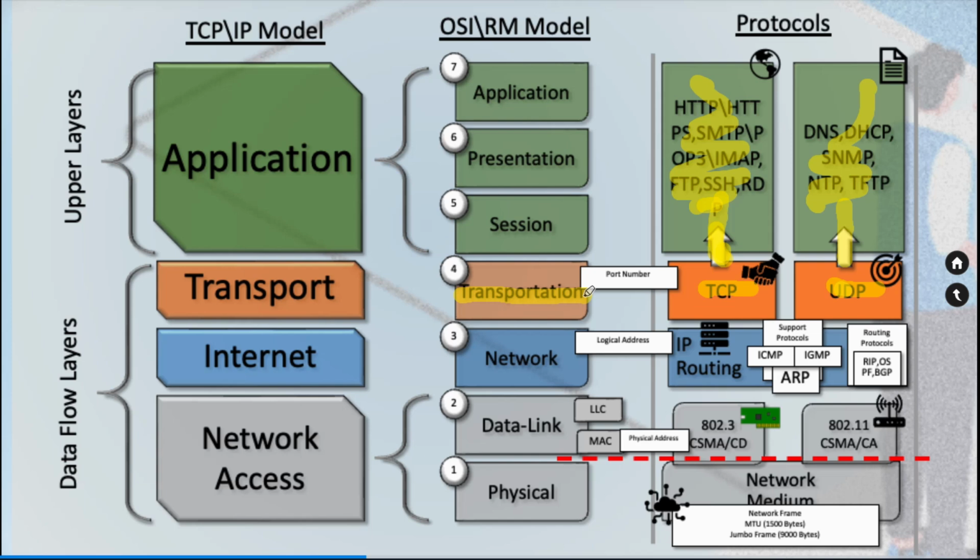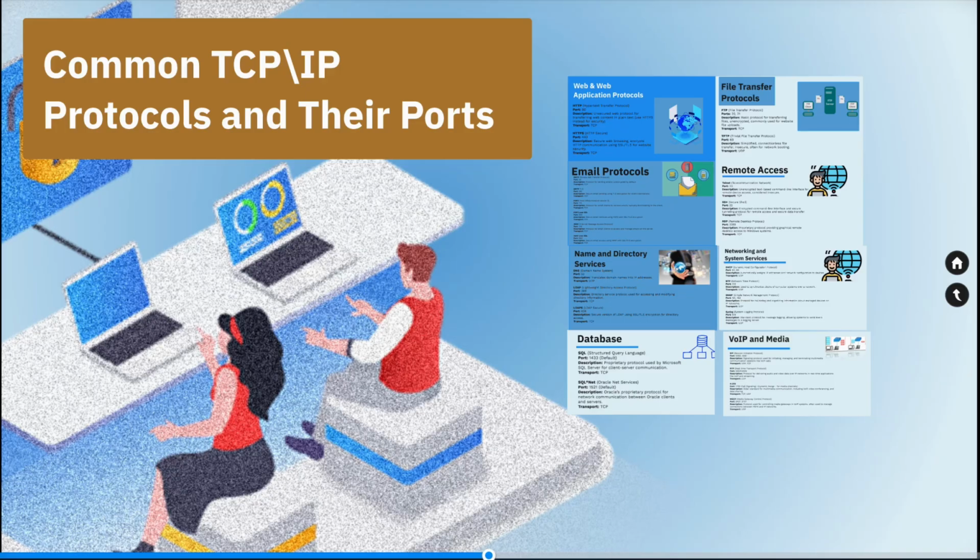Then we have other protocols down in the lower layers, which generally don't have any port numbers assigned to them. Now let's take a look at some of the common protocols and their default port numbers.